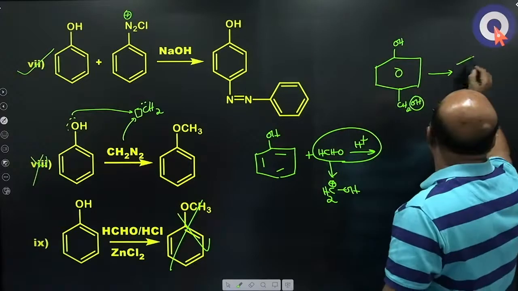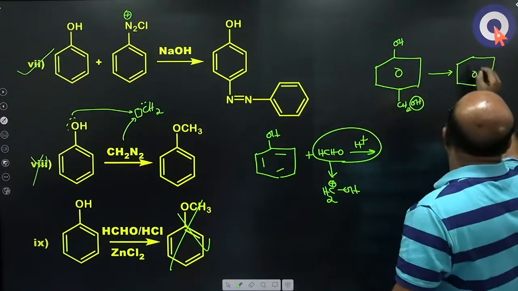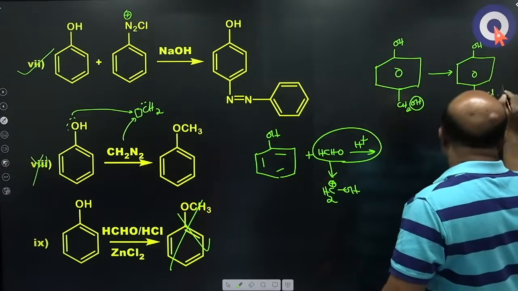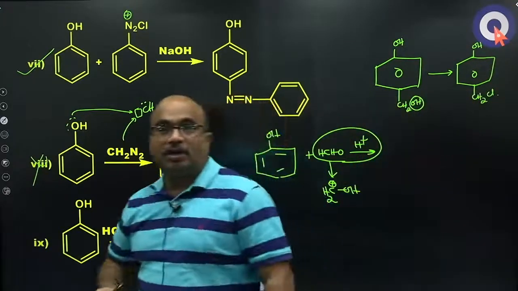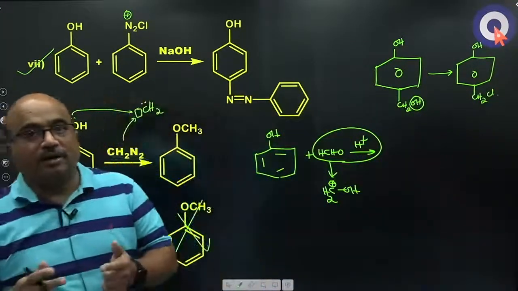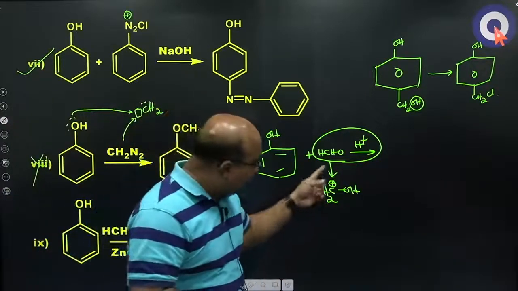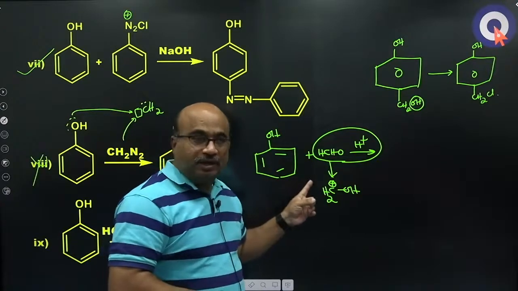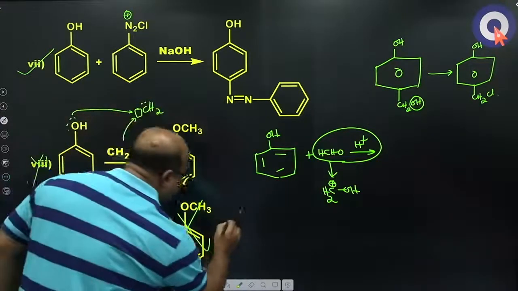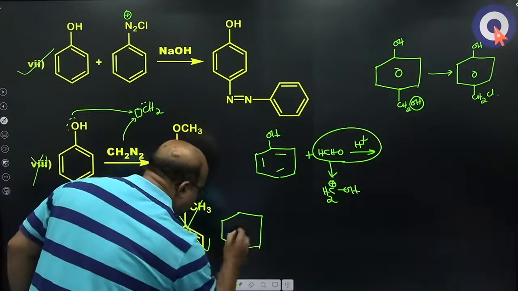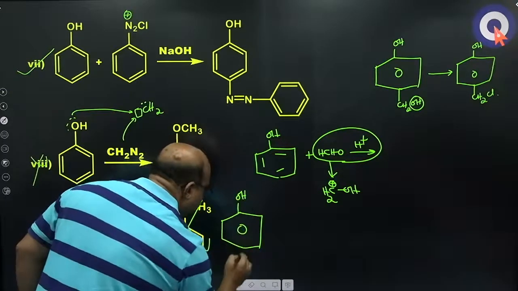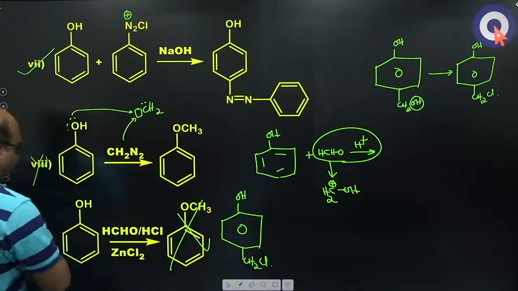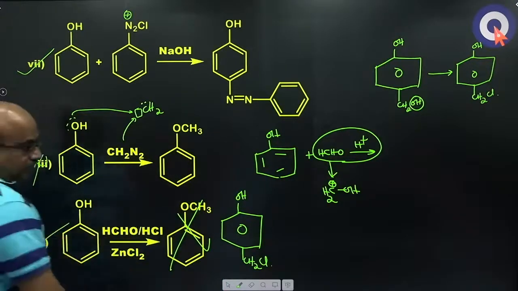It may finally be converted into this form, OH, CH2Cl, where the electrophile is substituted at the para position. This is also an electrophilic substitution.